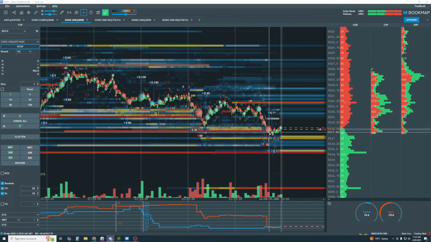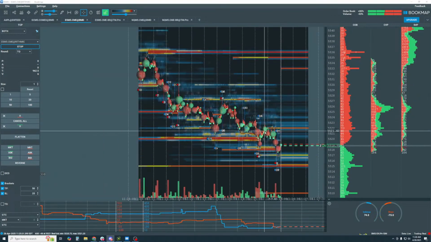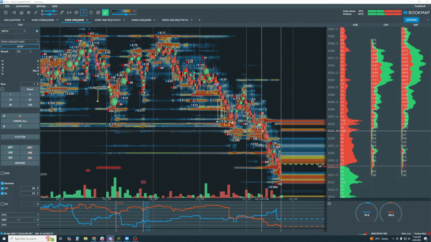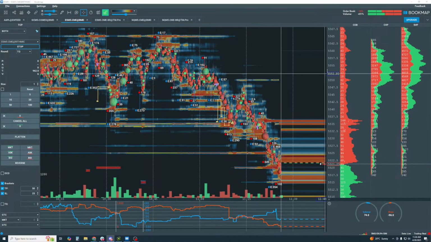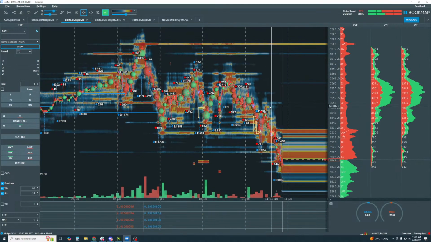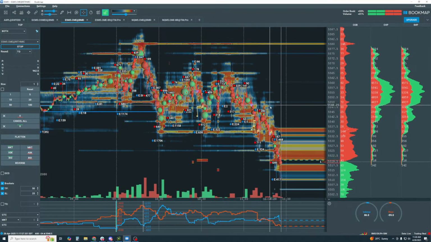Hey guys, still going lower. One of the things that we started this webinar off talking about was looking for something that's moving the market, some sort of activity or action.